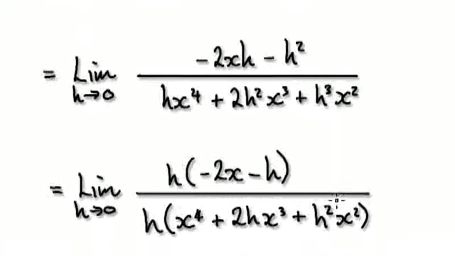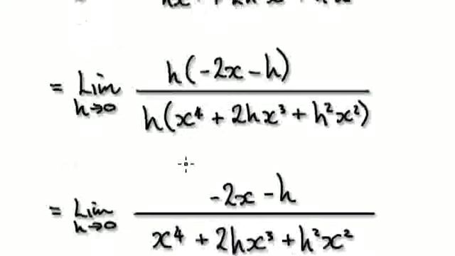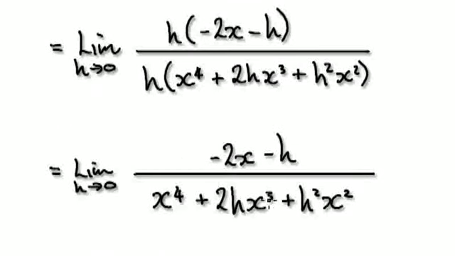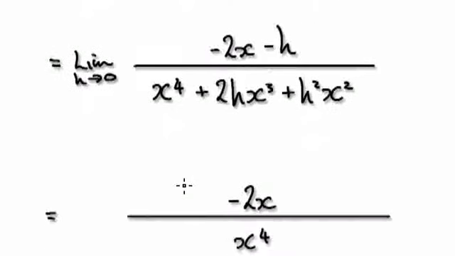Then factor out the h, and later these two will cancel each other, leaving you with this. Then start to take the limit as h tends to 0.